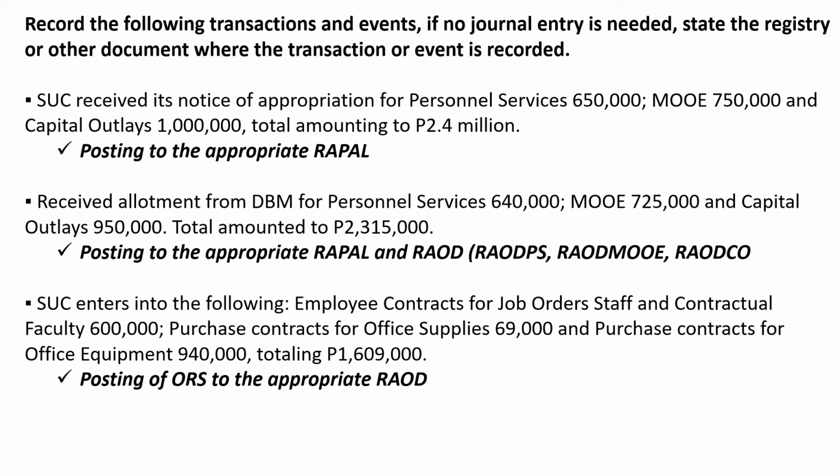So we will not journalize this transaction, but rather we will post this to the ORS and to the appropriate RAOD. So for the ORS, for all obligations that we incur, we will be issuing the obligation request and status. So that is the ORS, obligation request and status.